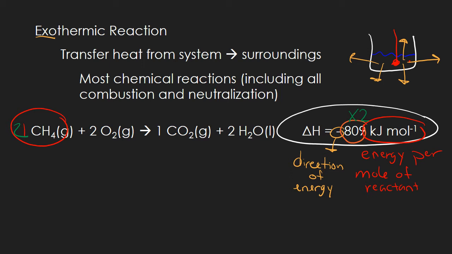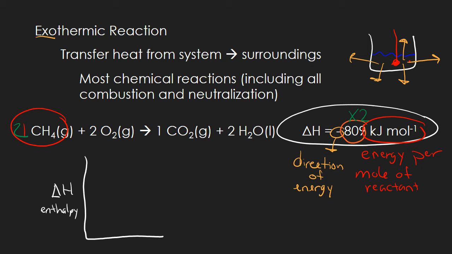Now we have something called an enthalpy change or enthalpy level diagram. You probably have seen these before actually in biology. So we have our chart. On our y-axis we have delta H, or enthalpy. You may even see it written as energy.